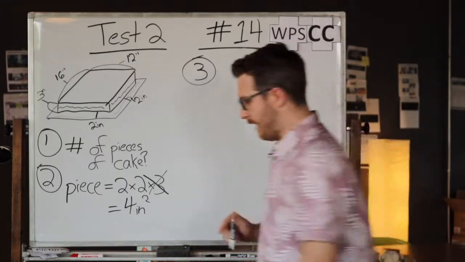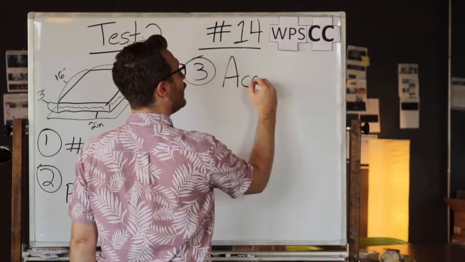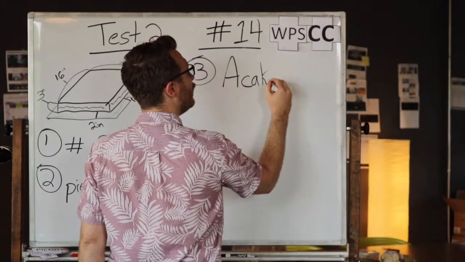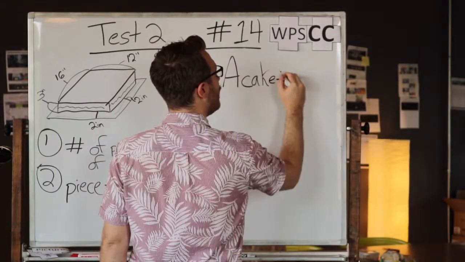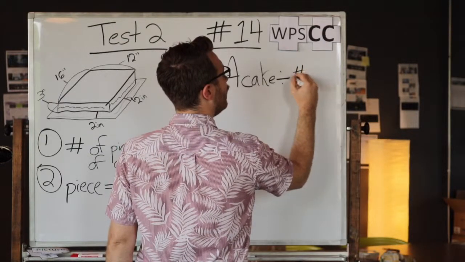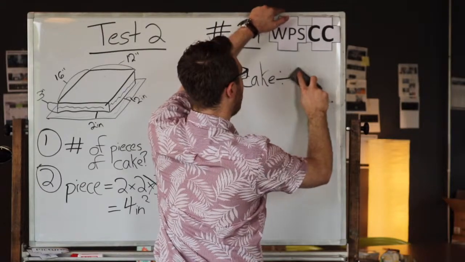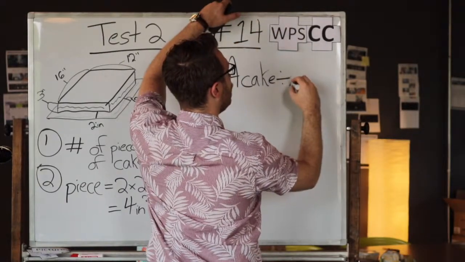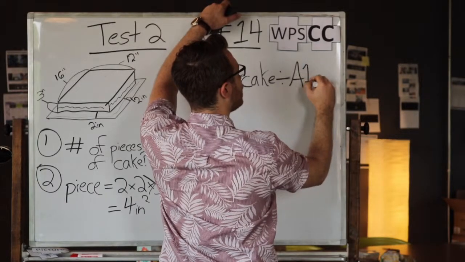What I'm going to do now is find the area of the entire cake, and I'm going to divide that, not by the number of pieces, but by the area of one piece.